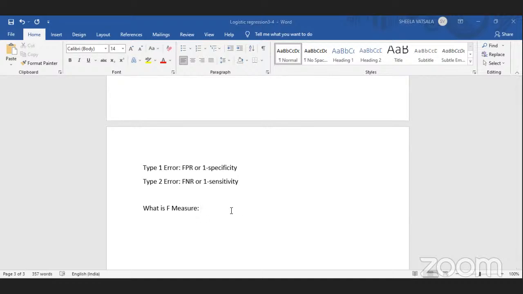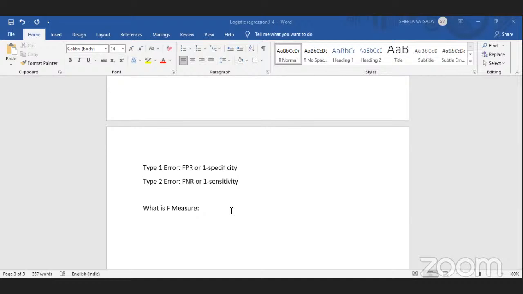So in order to define it, it is a harmonic mean of precision and recall. In some cases, there will be a trade-off between precision and recall. In such cases, the F measure will drop. It will be high when both precision and recall are high.